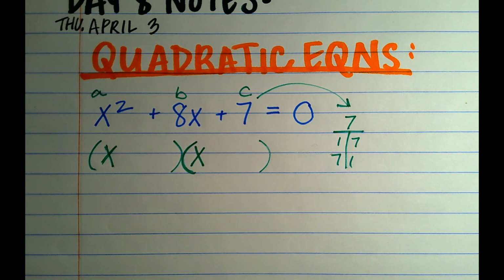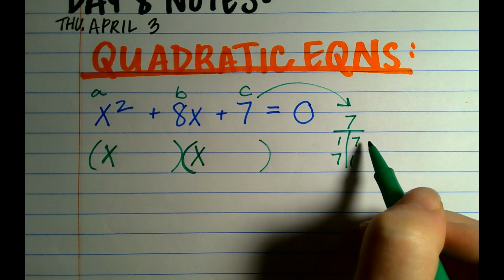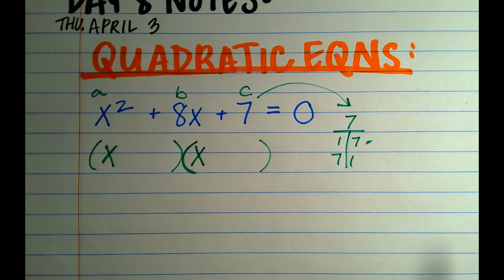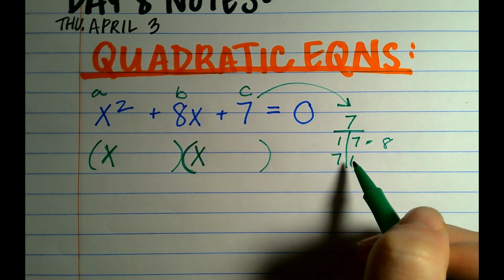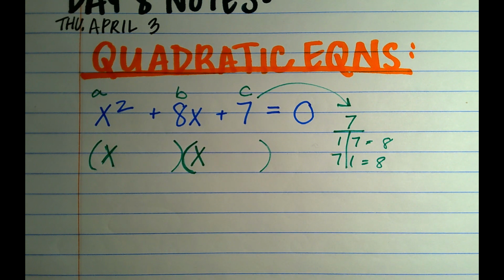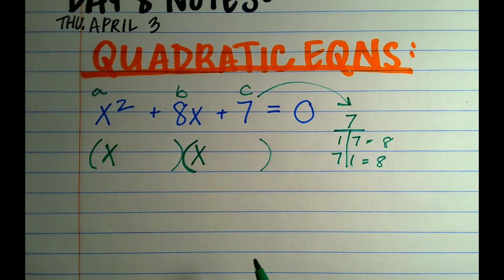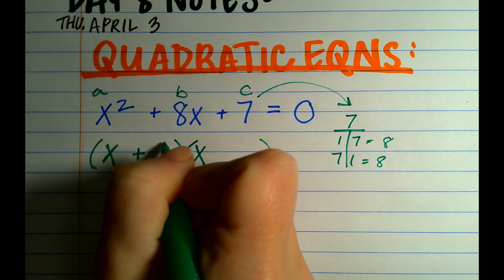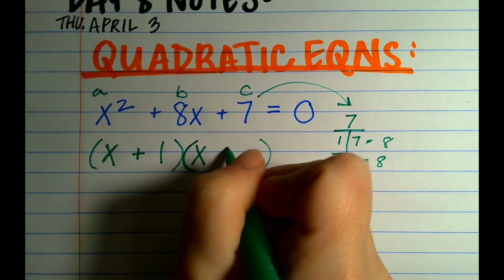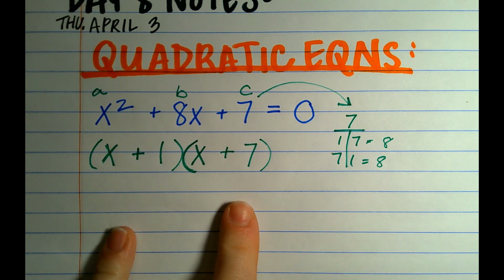That's it. What happens when I add these numbers together? They equal 8. 1 plus 7 equals 8. 7 plus 1 equals 8. So we could do either one. Both are correct. So what do I do with these numbers? Plug them in. So I have x plus 1, x plus 7. We factored. We're done with that part.